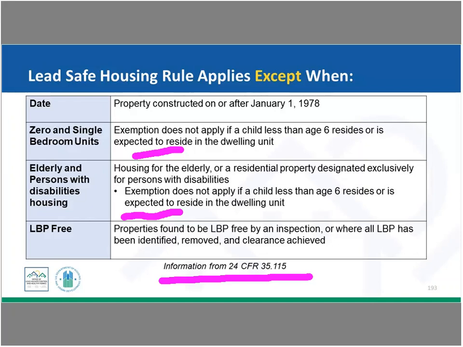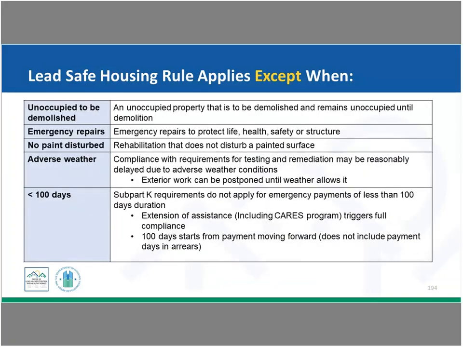If you have units that are lead-based paint free, and these are documented to be lead-based paint free by an inspection where all the lead-based paint has been identified or removed, there's documentation that clearance was achieved. If that's the case, then that property would also be exempt from the lead safe housing rule.